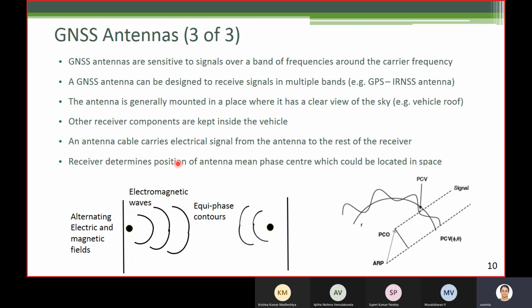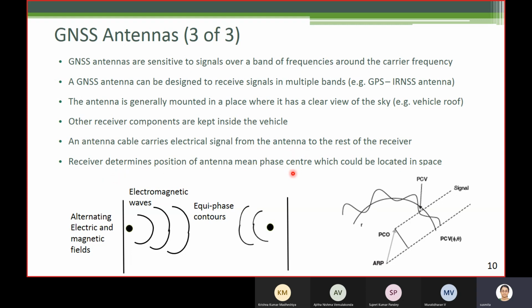Even if it is a distributed body, you have to select a particular point. So for which point is the position given by the receiver? The receiver determines the position of the antenna mean phase center, which need not be located on the antenna. It can also be located in space. What is that mean phase center?